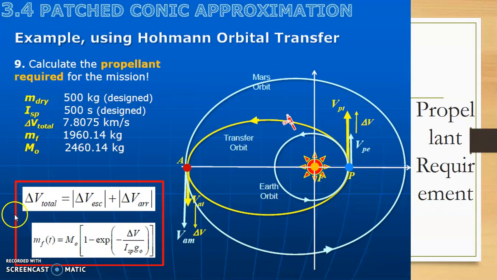The main concept is delta V total is V escape plus V arrival. This is the example for the transfer orbit only, but if we calculate from the Earth to the parking orbit and from the transfer orbit into the final orbit, we can still use this, just changing the delta V escape and delta V arrival.